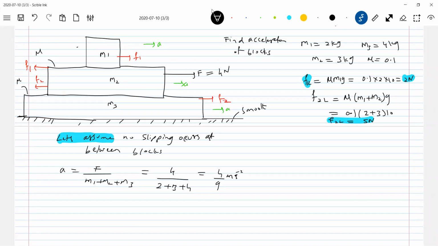Let's directly come to F1. What is the permitted value of F1? 2 Newton. Who will accelerate the upper block? The friction only. So what shall I write? F1 equal to m1 into a. What is the value of m1? 2, so this is 2 into 4 by 9, 8 by 9 Newton. Can you say anything about this? It is in fact less than F1L.